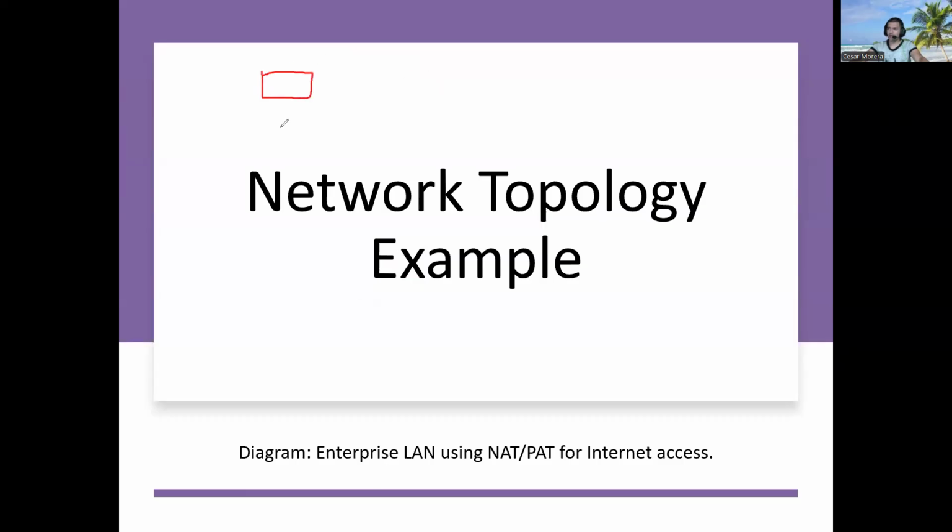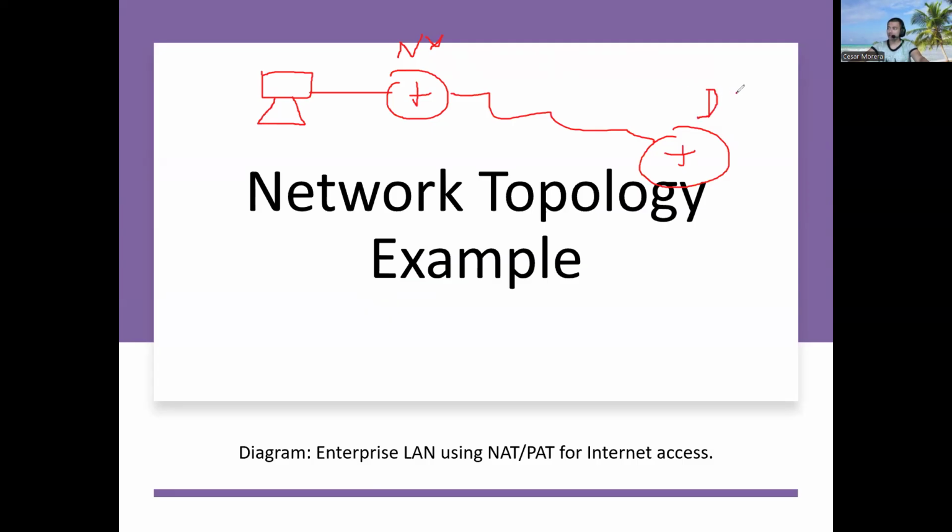So we can have a company that connects to New York, and then it connects to Washington, D.C., Columbia, and then it connects to another company in Miami. And they are ISPs, internet service providers.